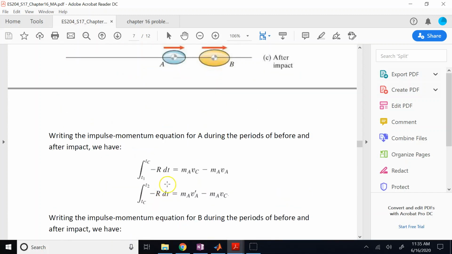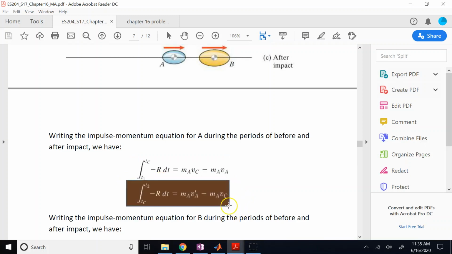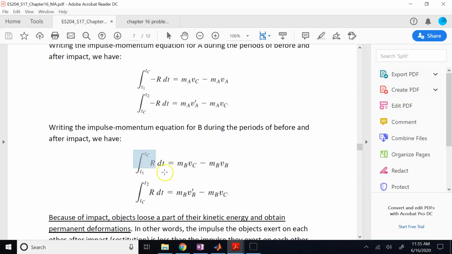So here we are writing the impulse momentum equation for particle A in the two time ranges. And we also write the impulse momentum equation for particle B in the two time ranges.